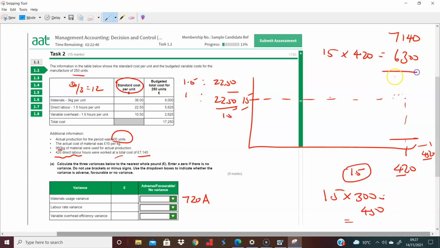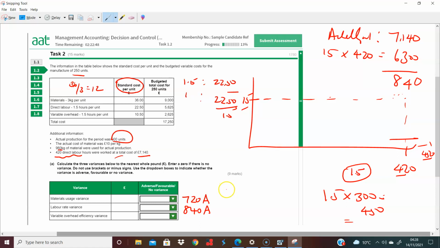They have cost 7,140. This is what they've actually cost. And therefore the variance, 11 minus 3 is 8, so your variance is £840 adverse as well. And that's where we are with that.